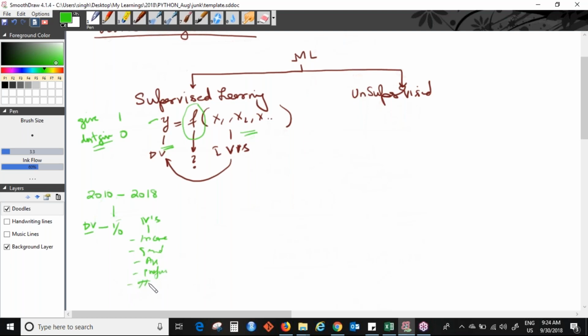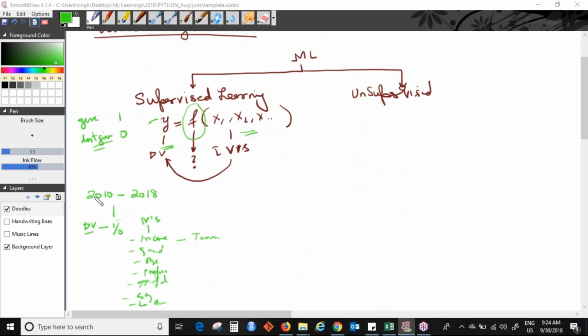It can be the number of dependents the person has. It can be the city in which the person stays. It can be the loan amount. How much loan amount did he take? It can be the tenure of loan. For how long did he take the loan? And so on. So these factors will decide whether the person returned loans or not.